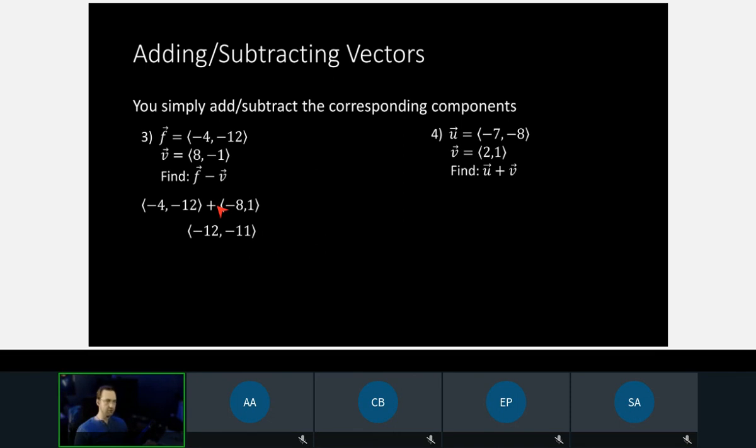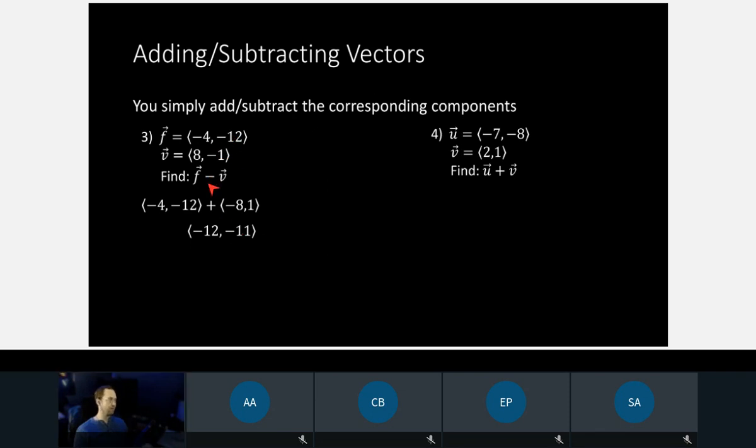I really think you shouldn't, because when problems get more complicated, it's better to show this step like I did. But I know a lot of you can probably say, oh, I can do -4 minus 8, which is -12, and -12 minus -1. Well, two negatives make a positive. So it's actually -12 plus 1 is -11.